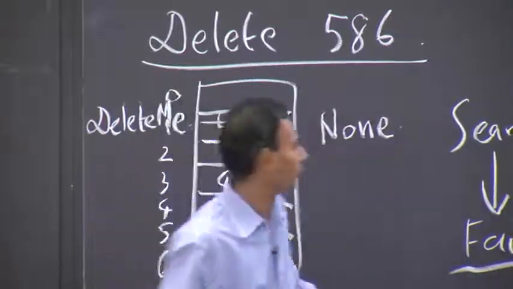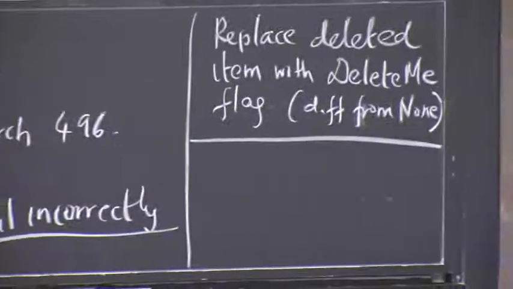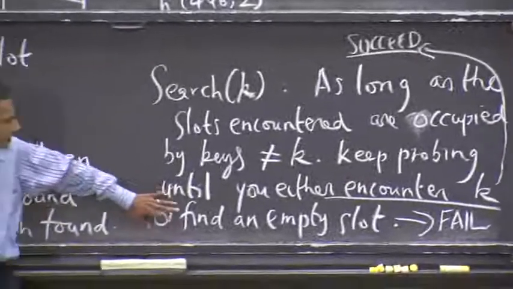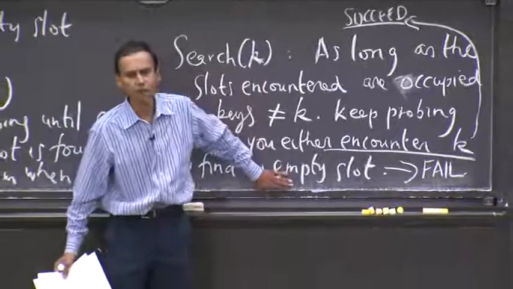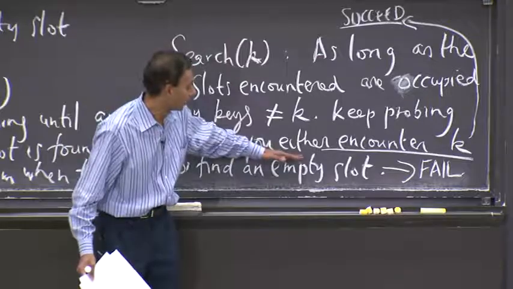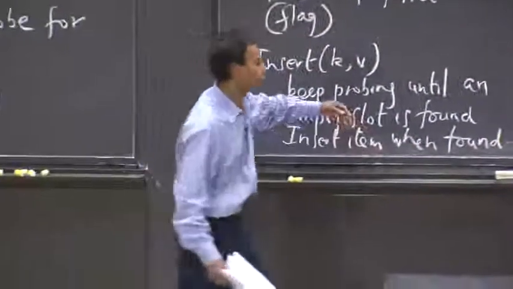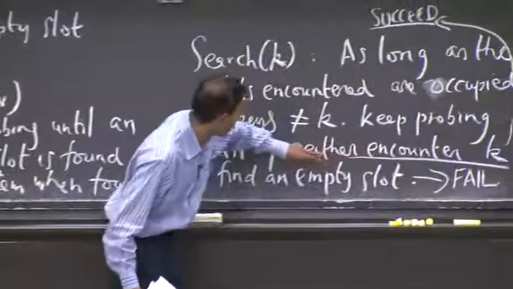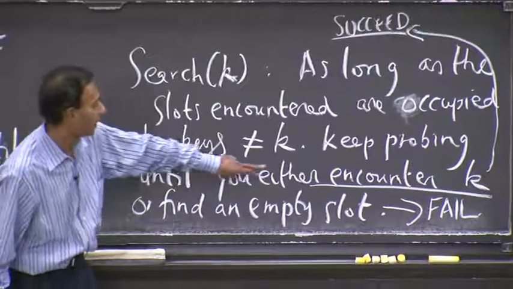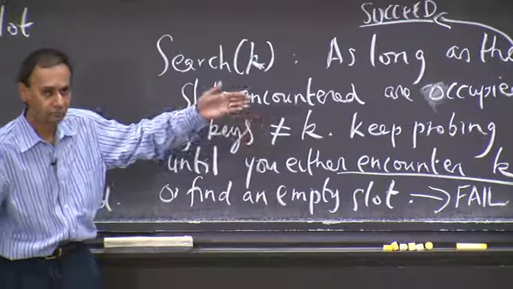So in particular, you'd have to modify this slightly because the notion of an empty slot means that you're looking for none, right? In some sense, this pseudocode doesn't really change, because you'd either encounter k or, even if you encounter a delete me, you keep going.